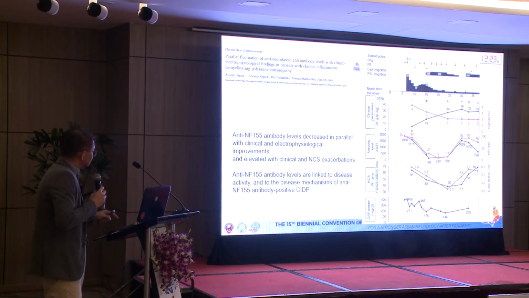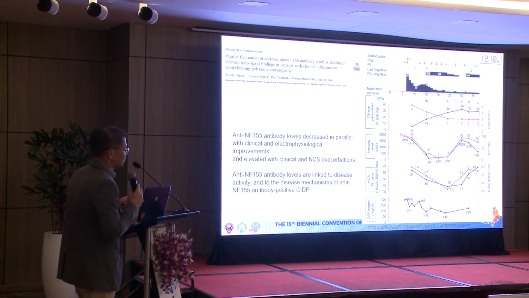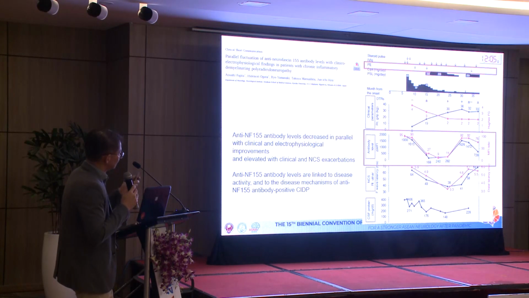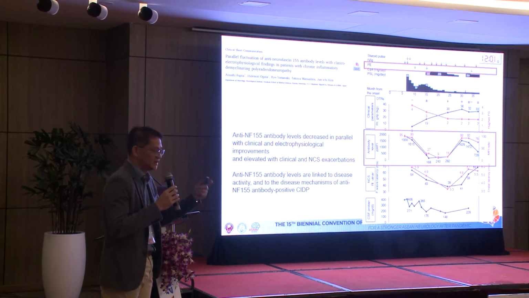All right. So this is a case study on one of the patients with neurofascin 155 neuropathy. The antibody level itself decreases right here when you plasma exchange the patient. As you plasma exchange the patient, the antibodies are being removed from the body.